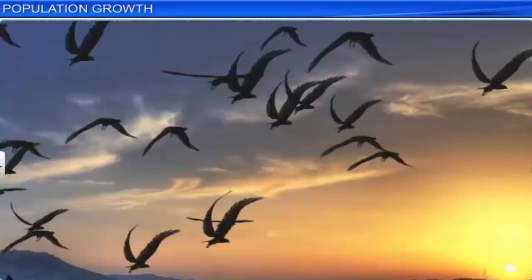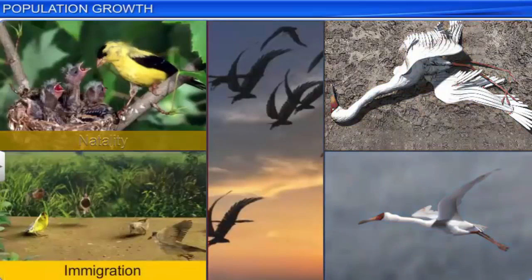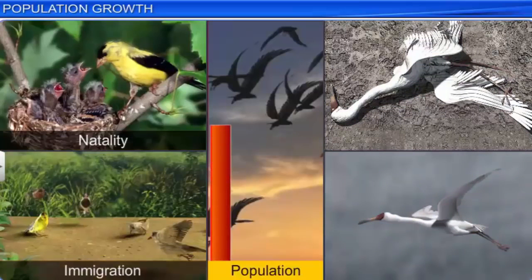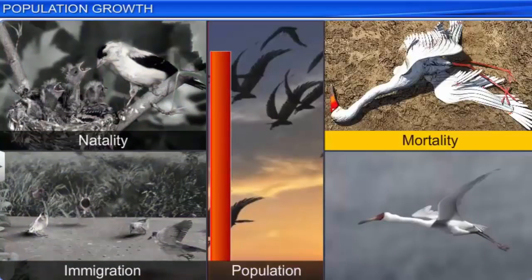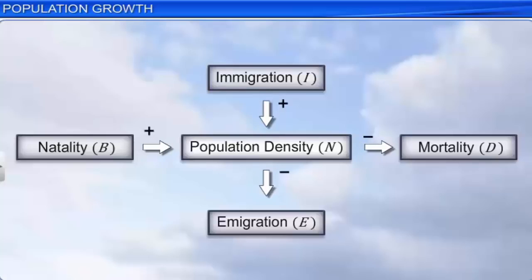In a population, natality and immigration result in an increase in population density, while mortality and emigration result in a decrease in population density. Now, let's consider this flow diagram where n is the population density at time t.